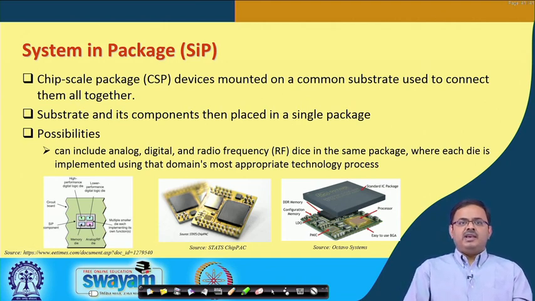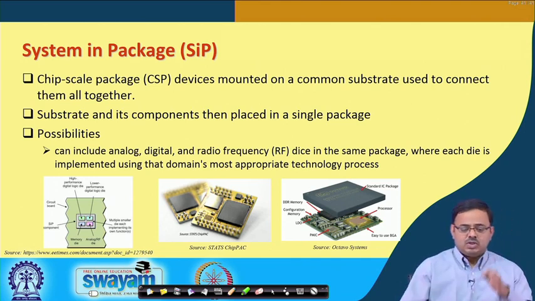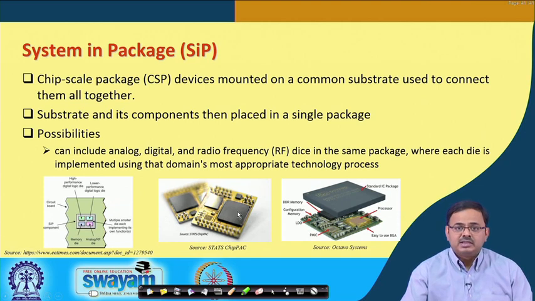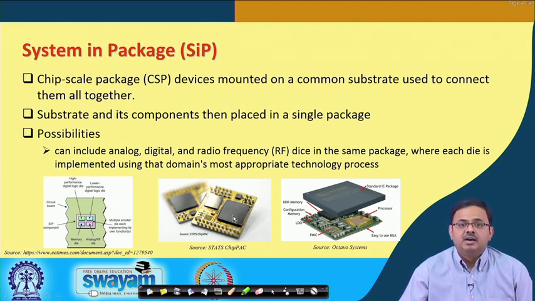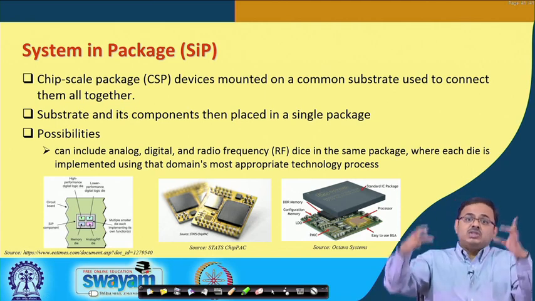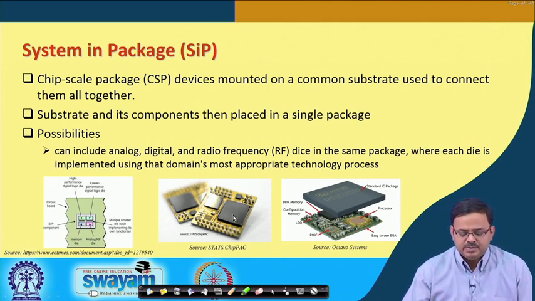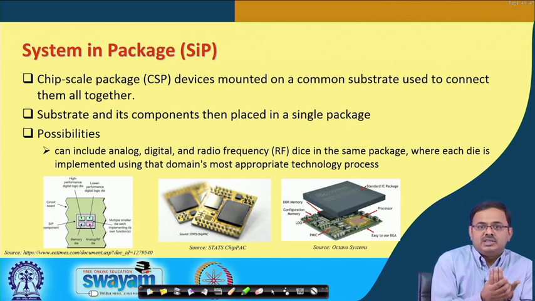So, in a way SIP and multi-chip module are not very different, except that in SIP the individual packages, as you can see over here, this is a package, and this can have a silicon inside. This is also a package with a silicon inside. So, there can be substrates on the substrate and then onto the motherboard, that is also possible. The other thing is, these are all chip scale packages, instead of just silicon, which is what we saw in multi-chip module.